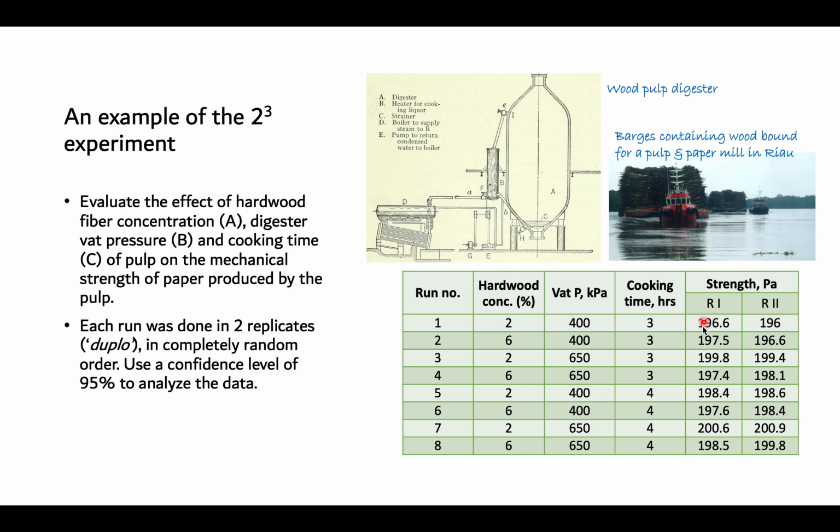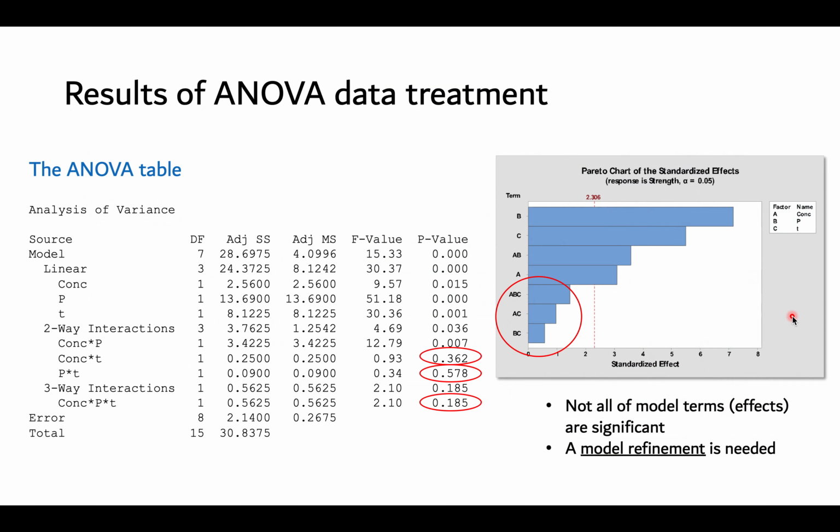So here is the data of the paper strength that we got. This is the first replicate, and this is the second replicate. We can do ANOVA by using Minitab, and then we can have these results.